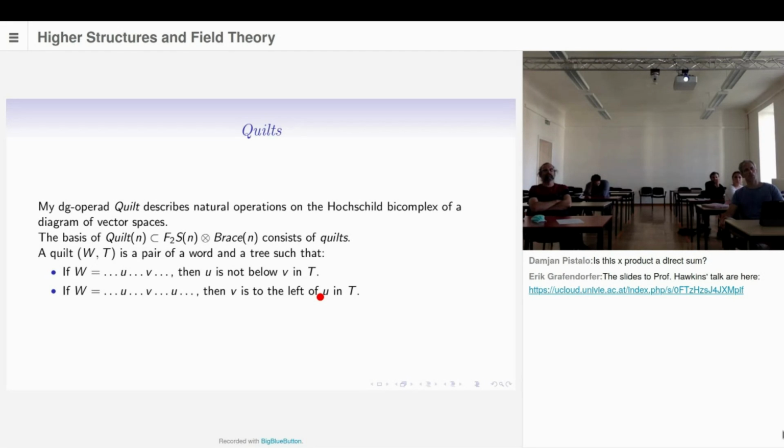These compatibility conditions define a differential graded suboperad of the Hadamard product, so this is itself a differential graded operad. And there's a representation of this on the Hochschild bicomplex of a diagram of vector spaces. So that's a Quilt algebra.